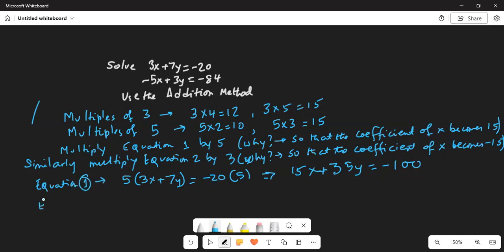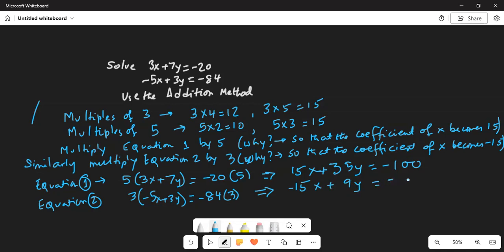Equation 2, on the other hand, we are multiplying both sides by just 3. So 3 times minus 5x plus 3y is equal to minus 84 times 3, which leads to minus 15x plus 9y equals 3 times minus 84.